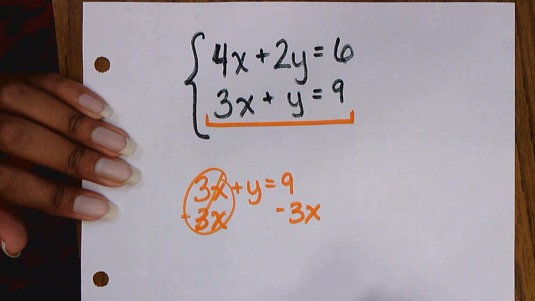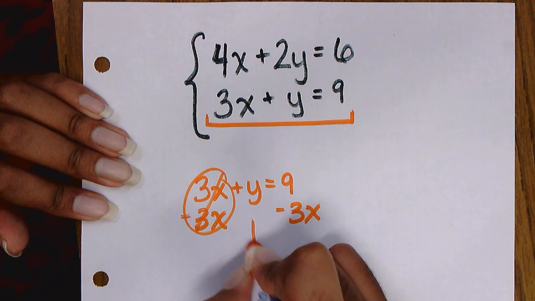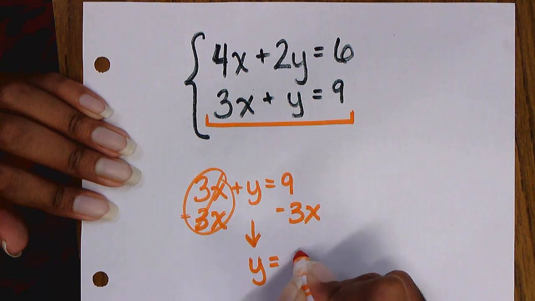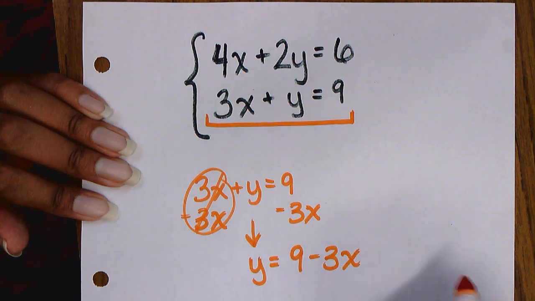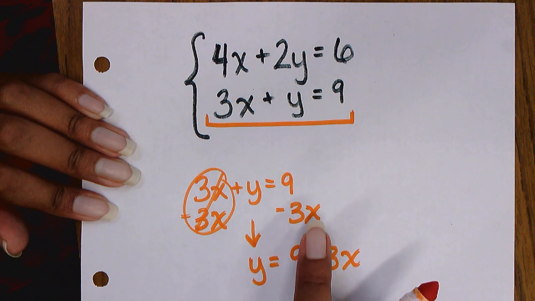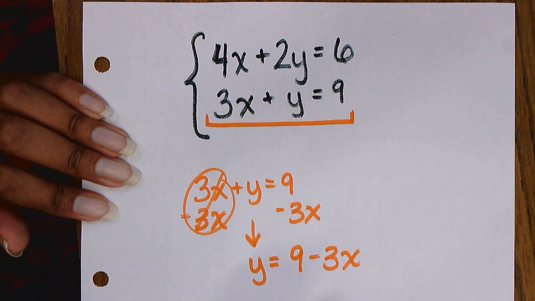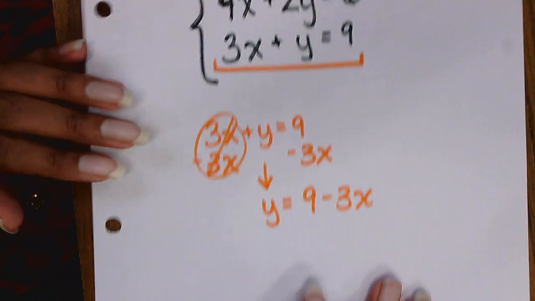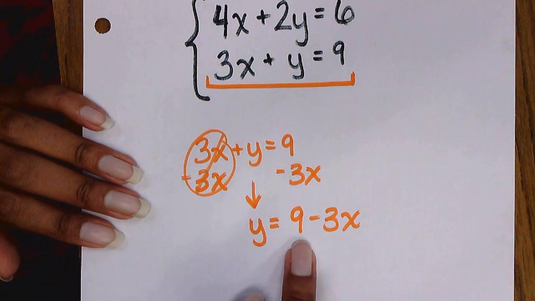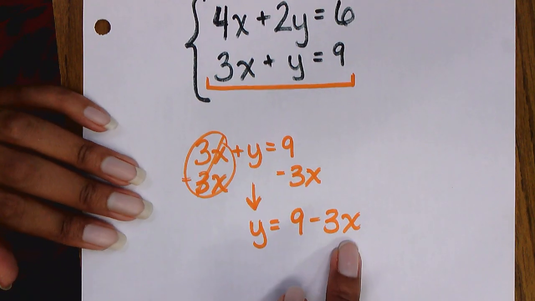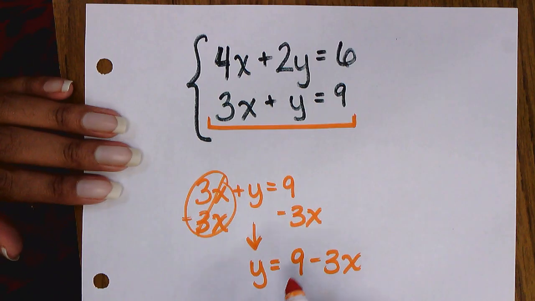So that is a 0 pair, so that no longer adds value, and then we end up with, bring down our y, y is equal to 9 minus 3x. Remember, 9 and negative 3x are not like terms, so you can't combine them, so you just write them like this.